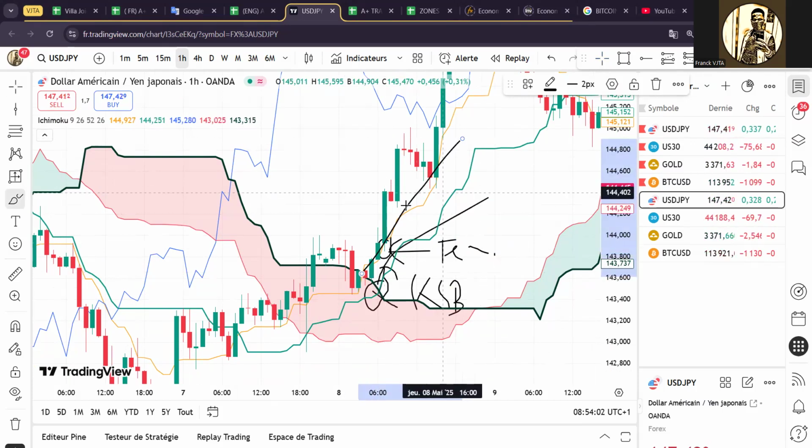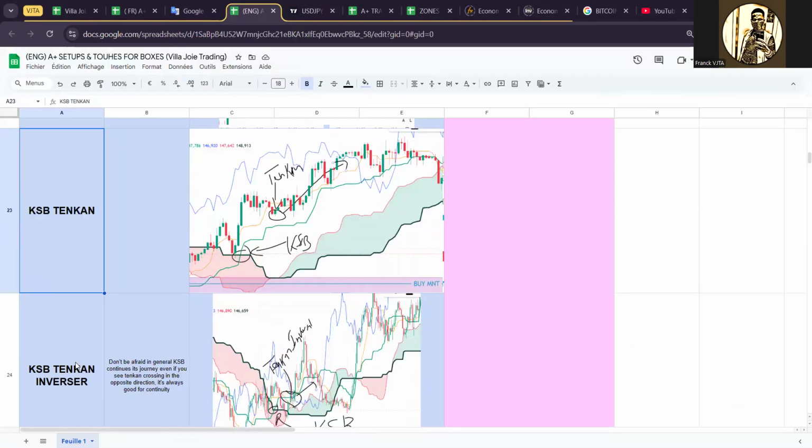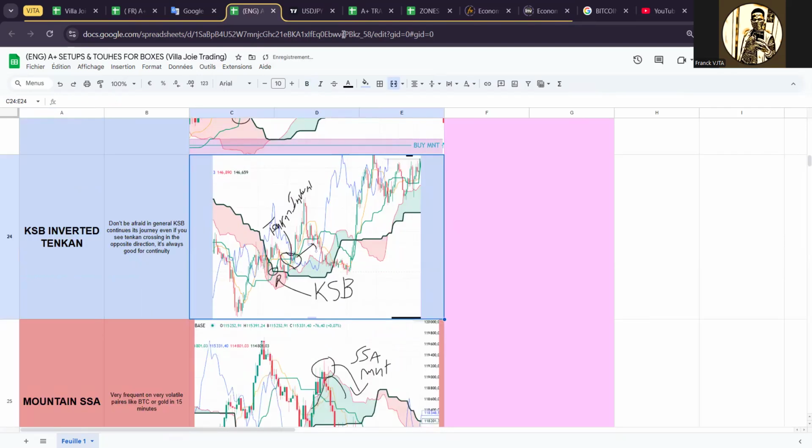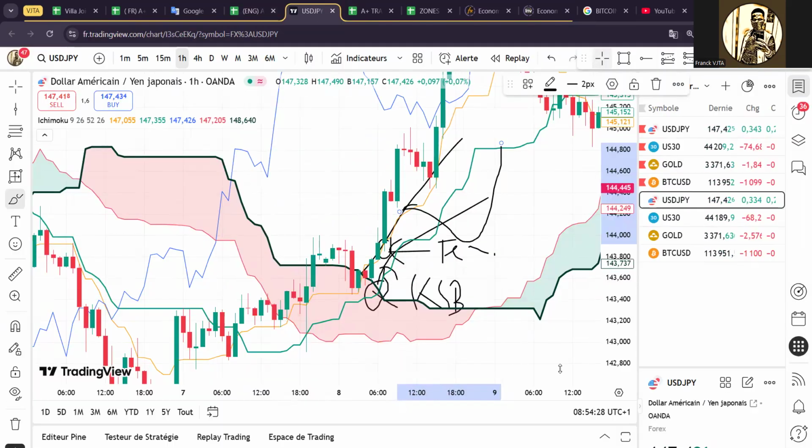Sometimes, as soon as you see the KSB, Kijun and Tenkan will start to cross back, inverted like this, and you have an inverted Tenkan here. A KSB inverted Tenkan. You have a KSB inverted Tenkan somewhere here.